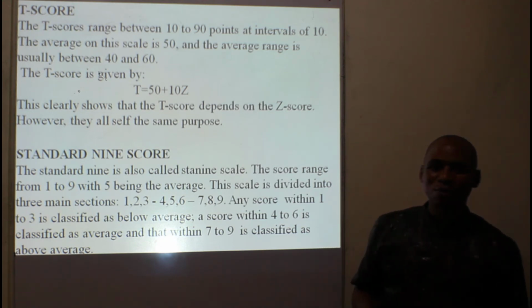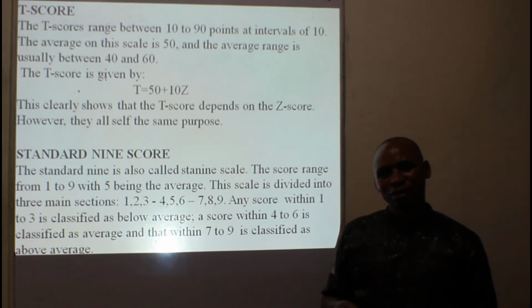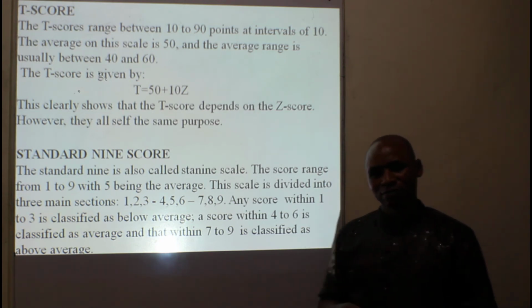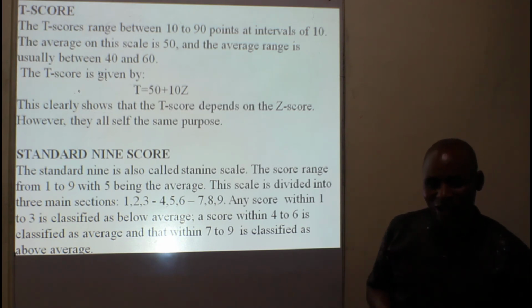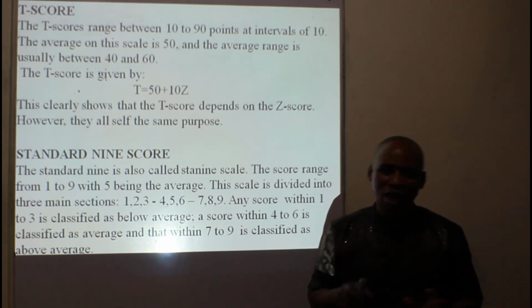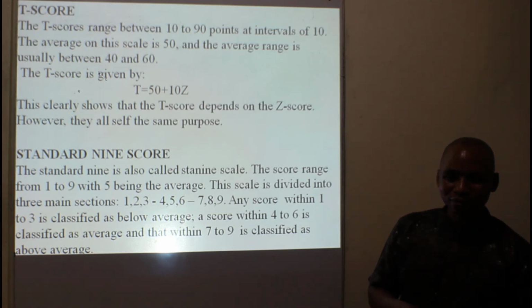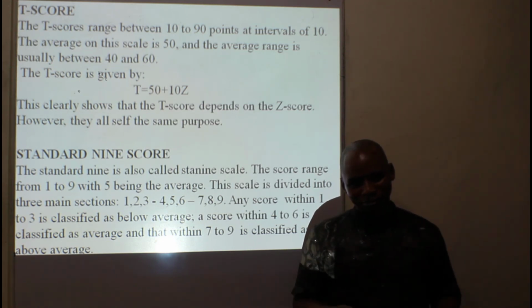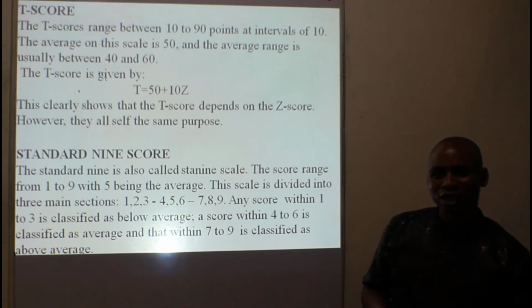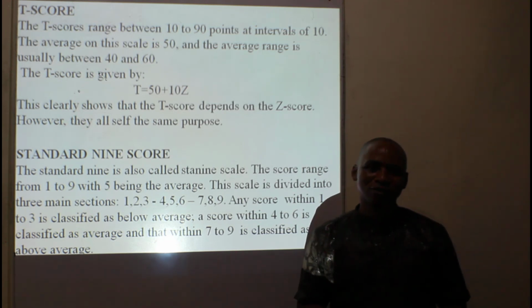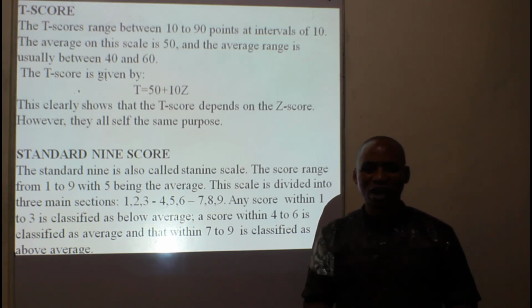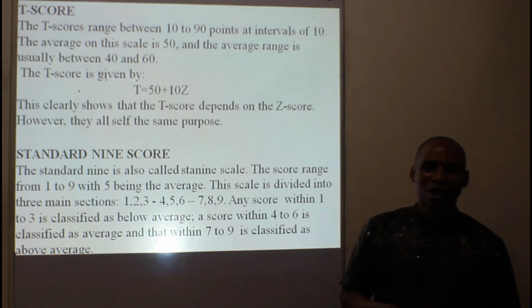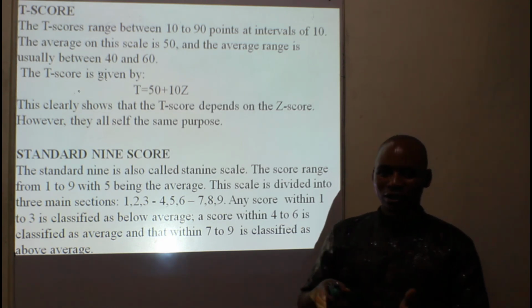When an item falls within the second section, that is 4 to 6, that item is classified as an average item. And when an item falls in the third section, that is 7 to 9, it is classified as an above average item.